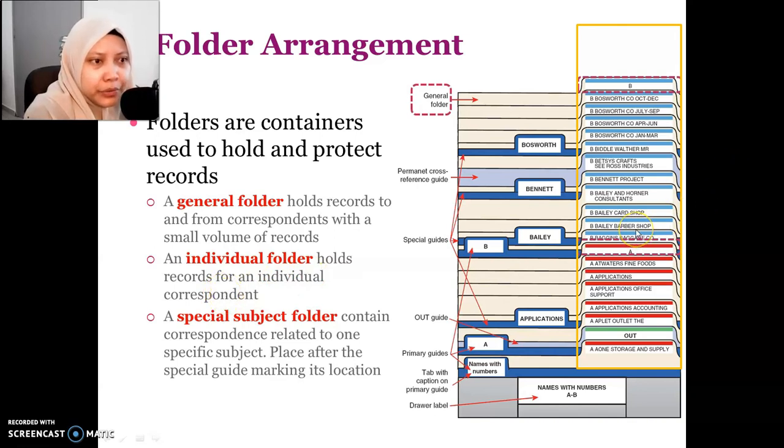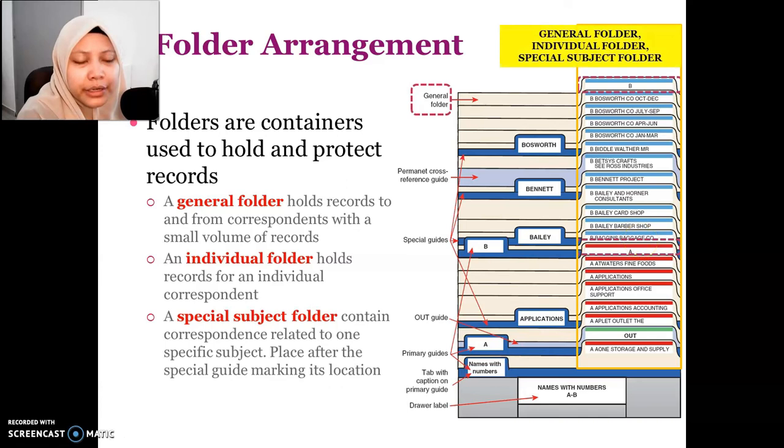As you can see, it's not in a primary guide or a secondary guide, but placed at the third line. So here we have a general folder, the individual folder, and a special folder at this line. The general folder, as I explained, is placed at the back.